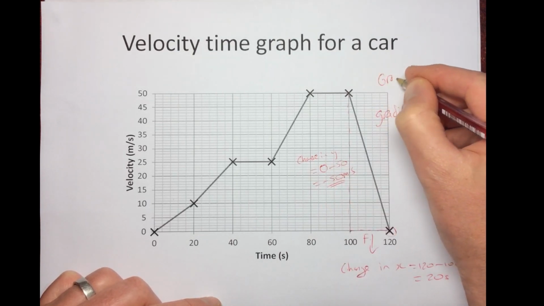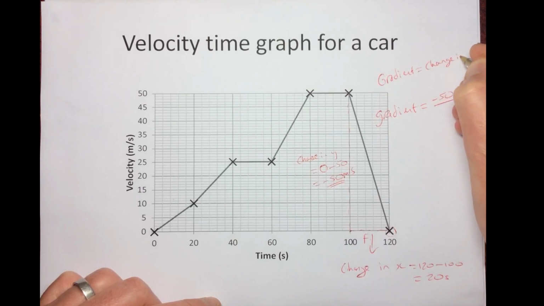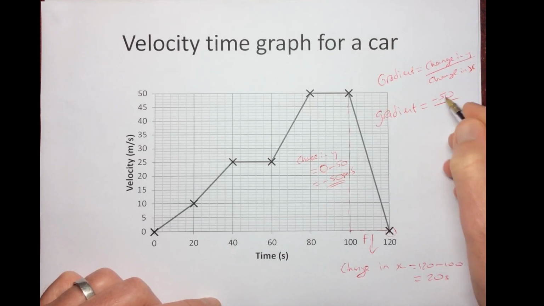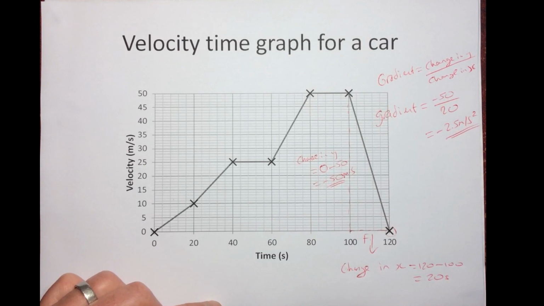Remember the gradient equals change in y over change in x. Okay, so it's minus 50 divided by 20, which is going to give you minus 2.5 meters per second squared. Okay, so that is the gradient of part F.